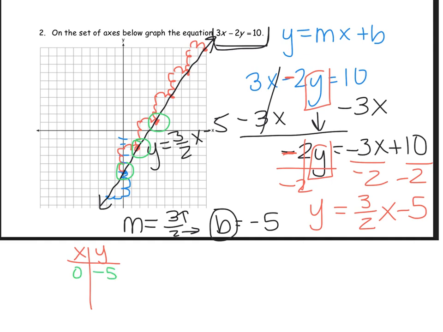This next one is 2 on the x, negative 2 on the y. And my third point is going to be a 4 on the x, 1 on the y. And that's it.